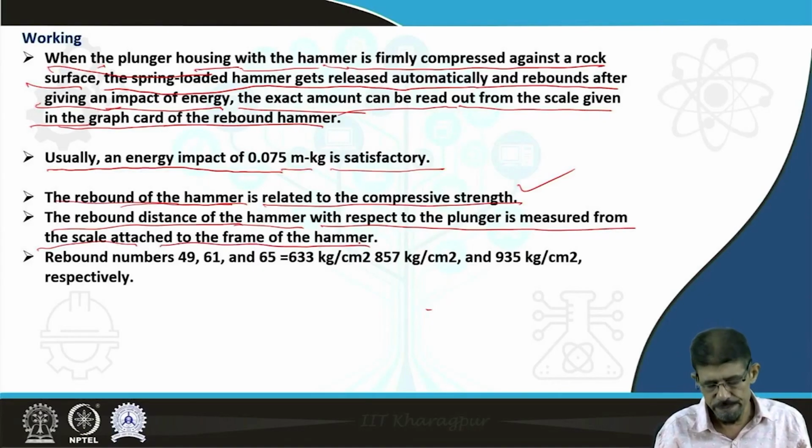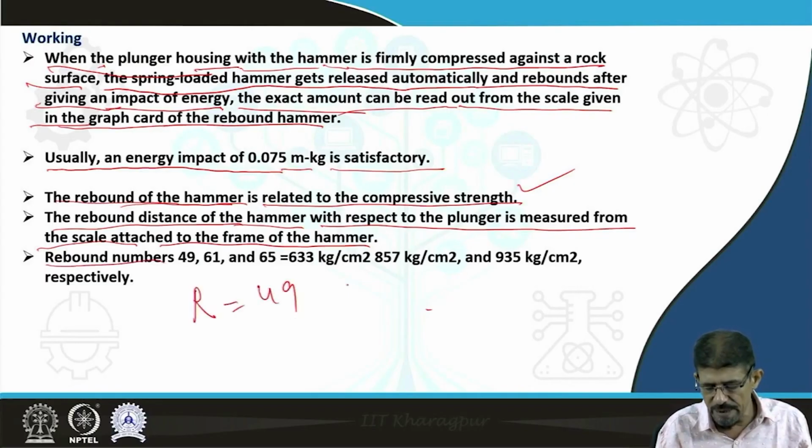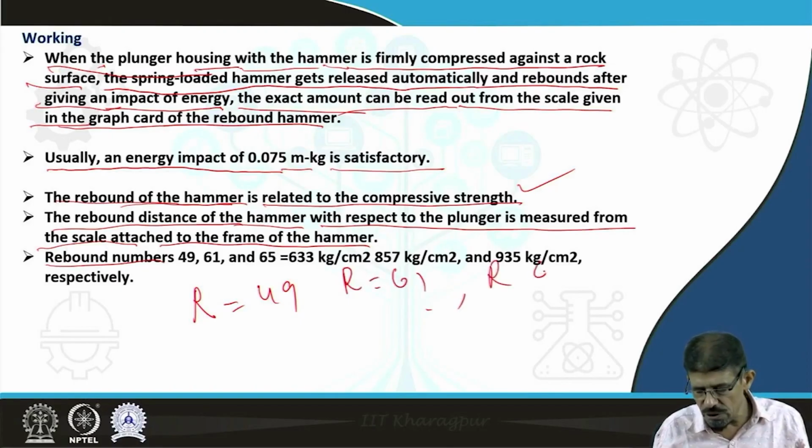of the hammer. In this way, for example, you can see here the rebound number denoted by R. R is equal to 49, R is equal to 61, R is equal to 65.